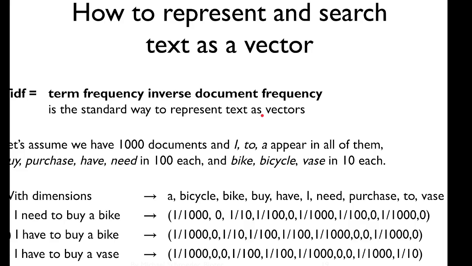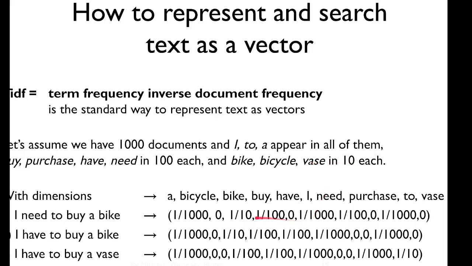And let's just do that in an artificial way for our little example. Let's assume that we had 1,000 documents and I, to, a appear really in all of the documents, buy, purchase, have, need appear in 100, and bike and bicycle and vase appear only in 10.